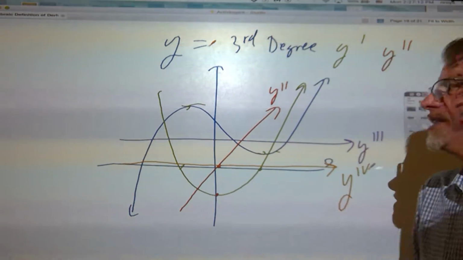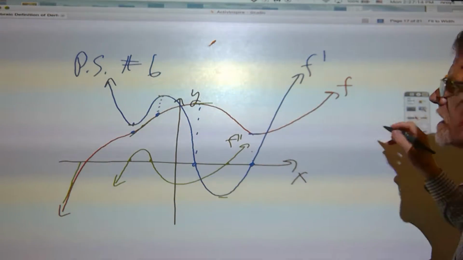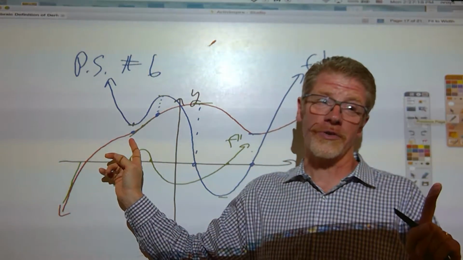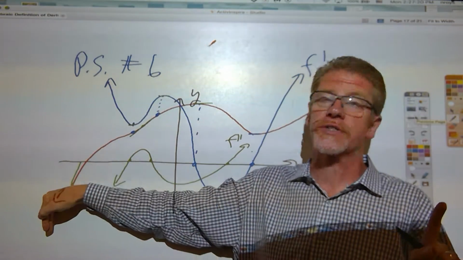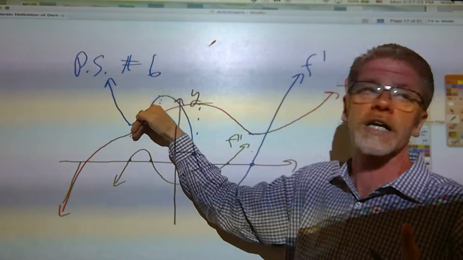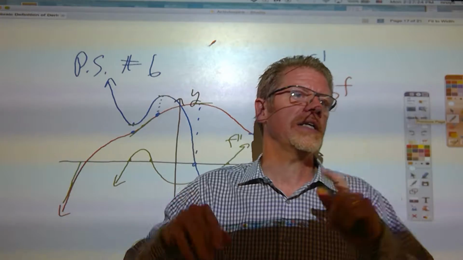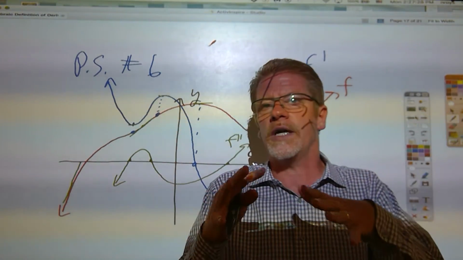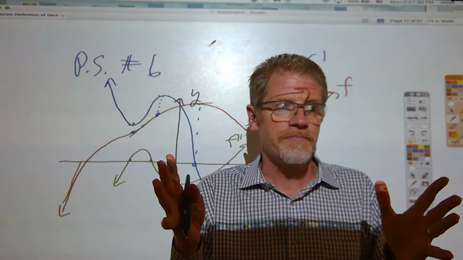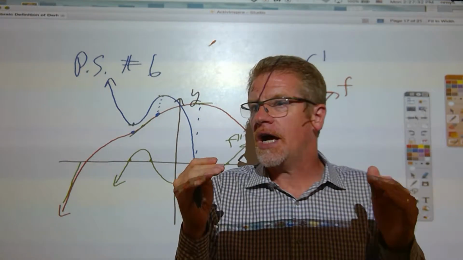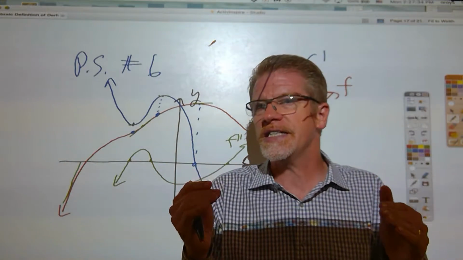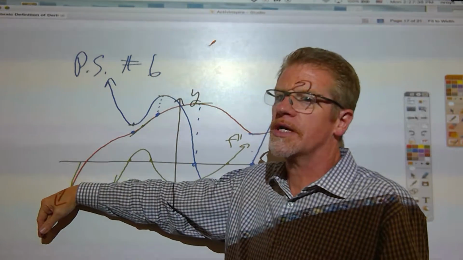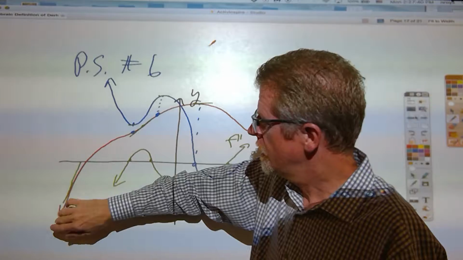The reason this one is different is because we have what's called the point of inflection, where the concavity changes from concave down to concave up. It's not easy to see, but the purpose of this problem is just to raise your awareness that you have to have a high level of attention to detail when you're looking at the graph of f and trying to come up with the graph of f prime.